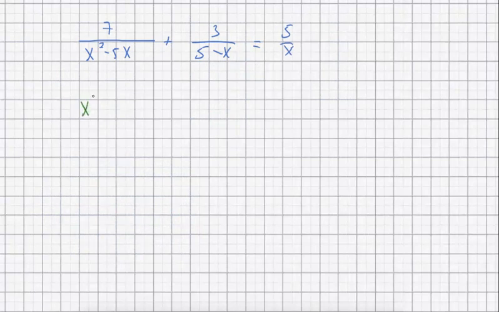So x times x. Yeah. And then 5 times x. So then x. And then x minus 5. Just 5 minus x. 5 minus x, yeah. And this is x. Okay. How can you find the common one?